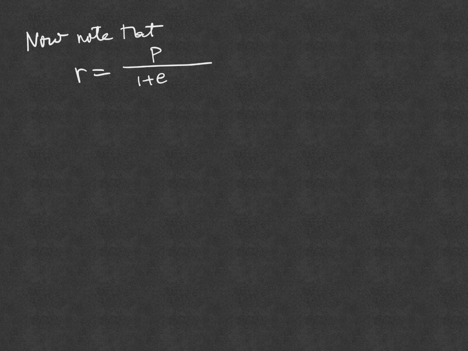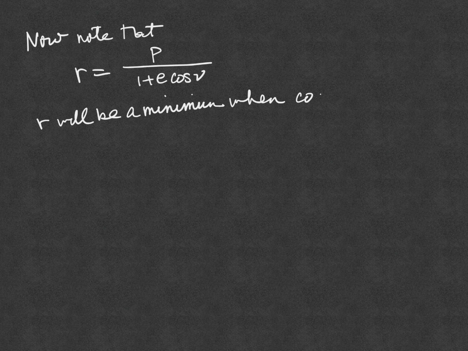So now, note that because R is equal to P over 1 plus E cosine of nu, R will be minimum when cosine of nu is equal to 1, which is the same thing as saying nu is equal to 0.